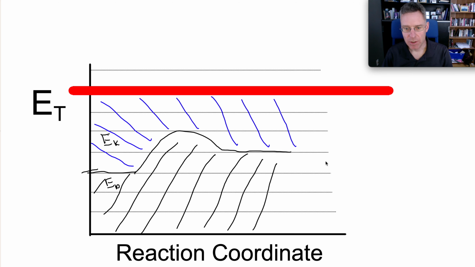Now, when we get into the next unit, at least in the sequence that we're doing it, when we get into thermodynamics, we would probably want to know the difference between potential at the beginning and potential at the end. We would want to know the change in enthalpy, which is the change in potential energy. Now, we can't actually measure potential energy, okay? But we can measure kinetic fairly easily.